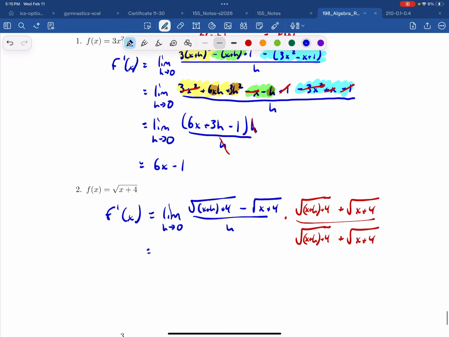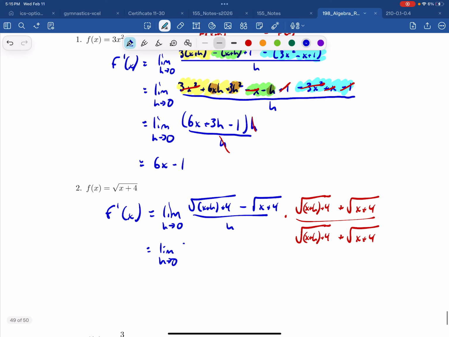We're going to get the limit as h approaches 0 of x plus h plus 4 minus x plus 4, right? The radicals go away. Make sure that the x plus 4 is in parentheses because that minus sign will need to distribute. And then the bottom is this lovely thing.